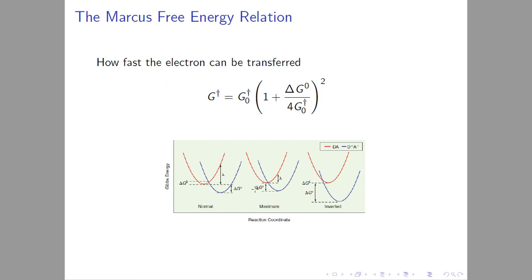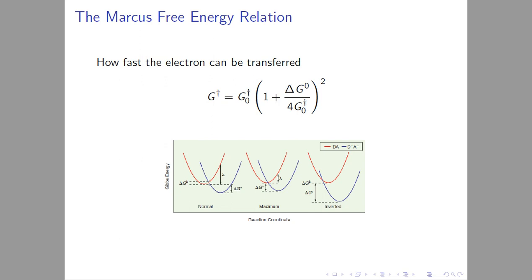Okay, so we have three conditions. A here is normal. So in order for the electron to move from this protein to this protein, we need this kind of energy, delta G naught over 4 lambda.